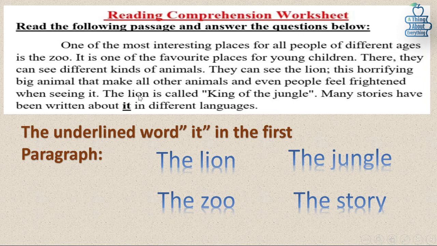So, of course, you are right again, the lion, very good. So, the lion is the reference of the pronoun it, because we are talking about it. It is singular, and it comes before this pronoun. Thank you very much. So this is the way that you can get the reference of any pronoun.